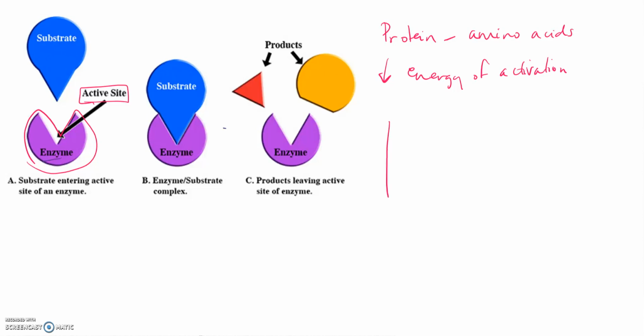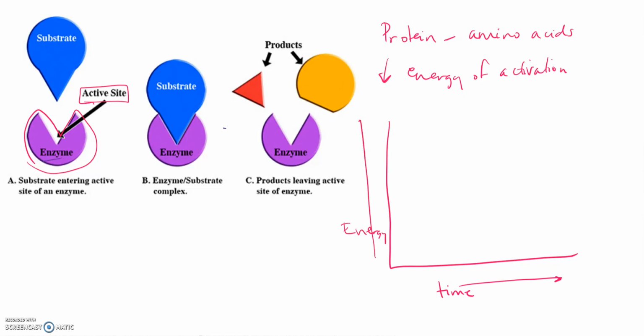Now, I mentioned energy of activation or activation energy. So if we look at this graph and we say that this is sort of the time progressing this way for a chemical reaction, and on the y-axis we have the amount of energy increasing, okay?